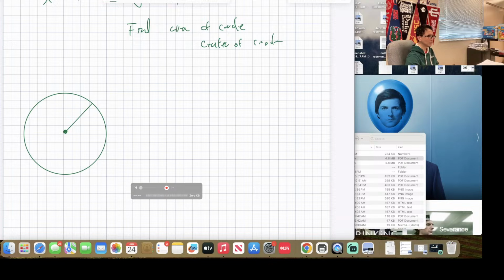Diameter. Really? That's kind of small. Okay, fine. We're going to say the diameter is 18 inches. Is that okay? 18 inches.